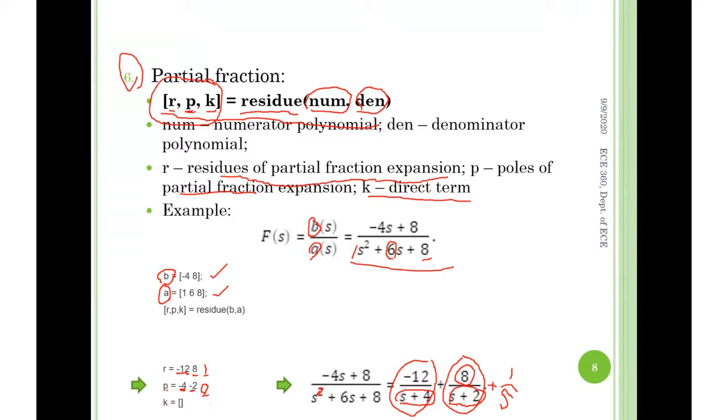And the K remains as what? Empty. Does it make sense? 3 terms, 3 entries in R and P respectively. Because 1 over S, look at that, the pole of 1 over S is what? 0. That's why here is 0.